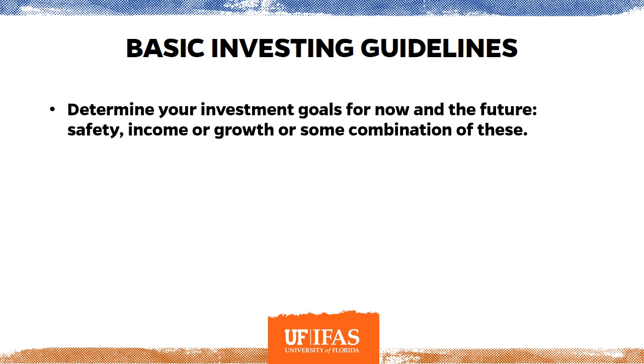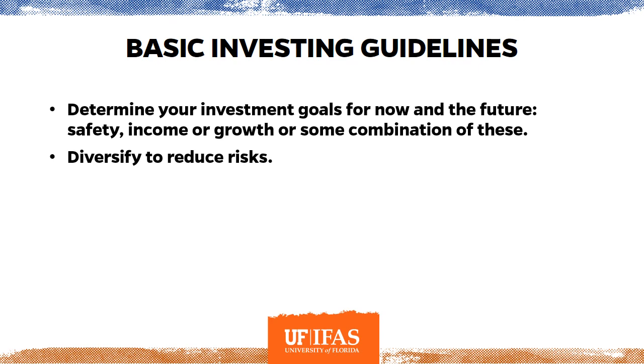Or are you looking for some sort of income on a regular basis from these investments, or some combination of these things? That's possible with investing. You want to make sure that you diversify to reduce some of the risks, because you've heard the phrase, don't put all your eggs in one basket. If you put all of your investment dollars into one investment product, if that product doesn't perform as you expect, then you've lost it all.